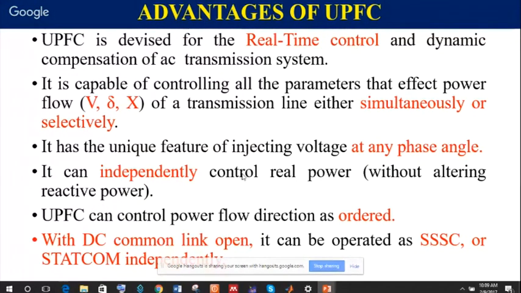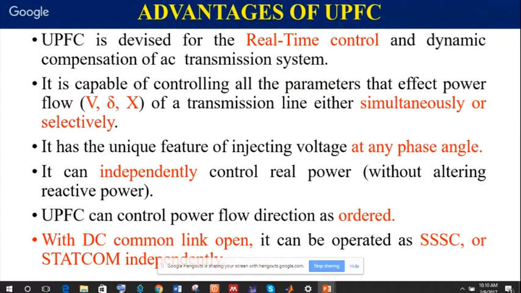It can independently control real power. This is very unique because we know that when you want to transfer real power, it must be accompanied by reactive power. That is, without reactive power, real power cannot be transmitted or controlled. But UPFC can independently control real power. This we will see in detail in the next slides.